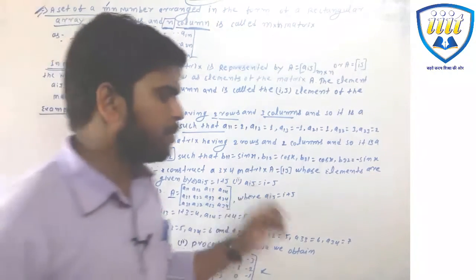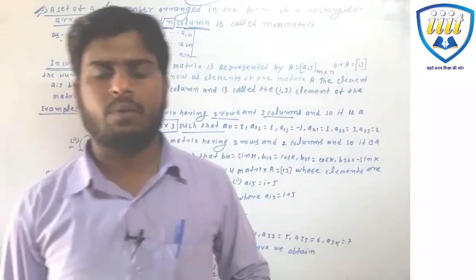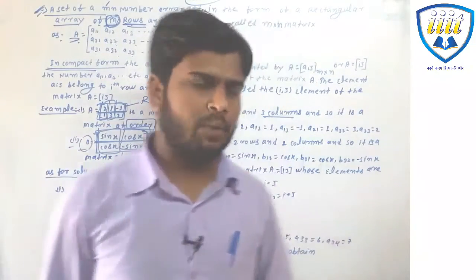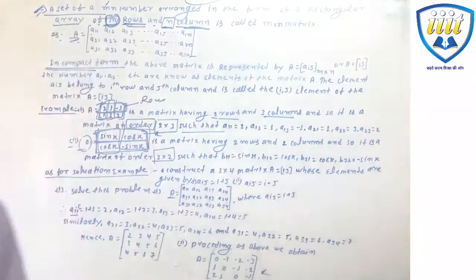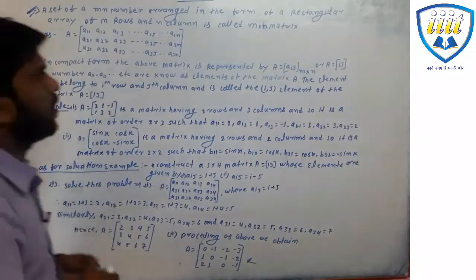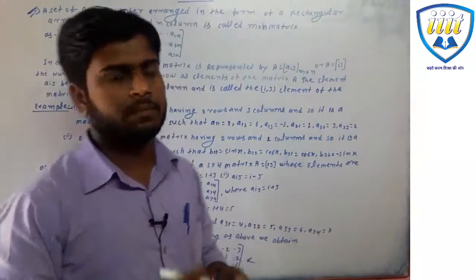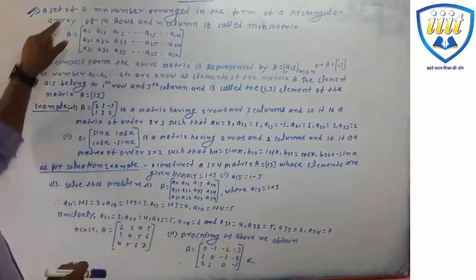Similarly for aij equal to i minus j, the same process gives the answer.